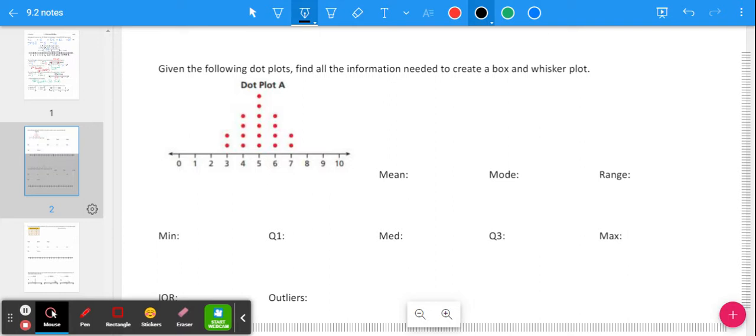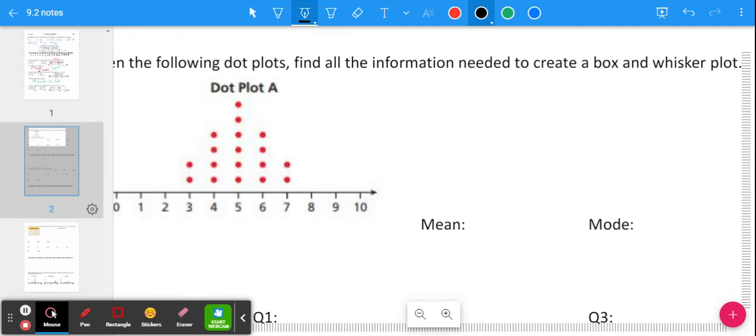So given the following dot plots, find the information needed to create a box and whisker plot. The first thing I like to do is actually make a numerical sequence out of this. Some people like to just look at it based on the dots. I prefer to make a list of my numbers.